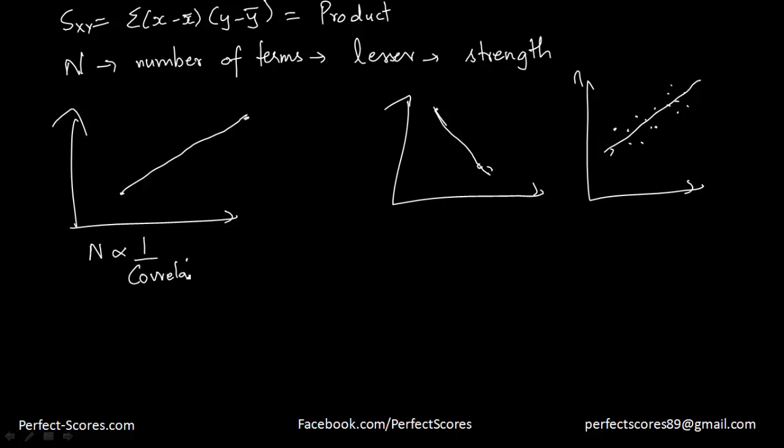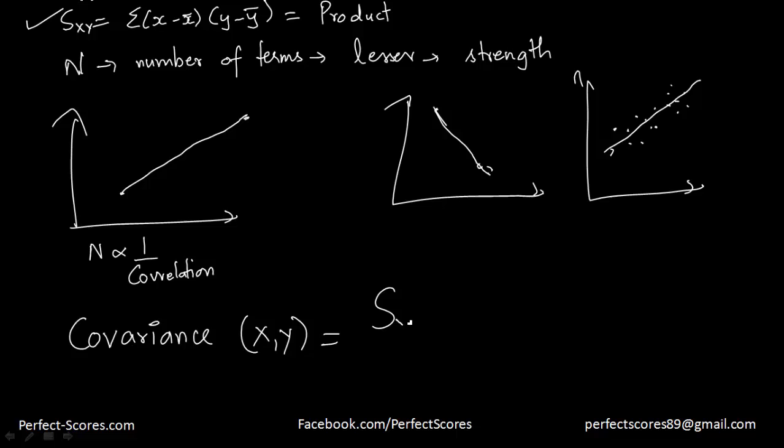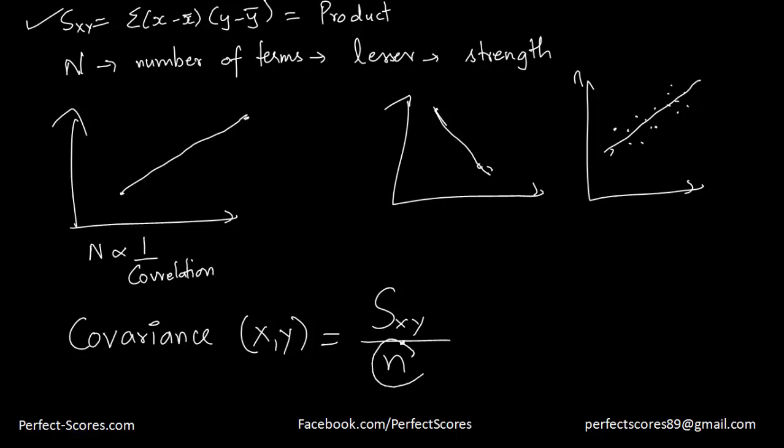So what we're going to do now is define something known as the covariance of two variables. Covariance of x and y can be defined as this product over here, that is s of xy, divided by the number of terms, because the number of terms is inversely proportional to your correlation.